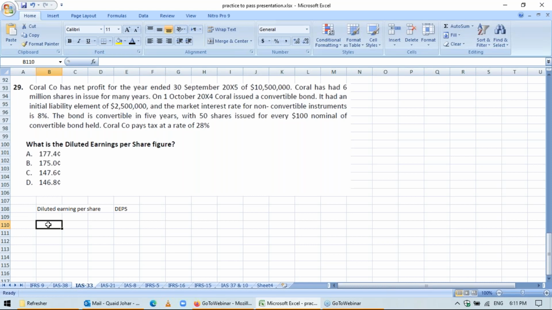So what happens is that sometimes the company has an issue of potential ordinary shares, for example, convertible bonds.